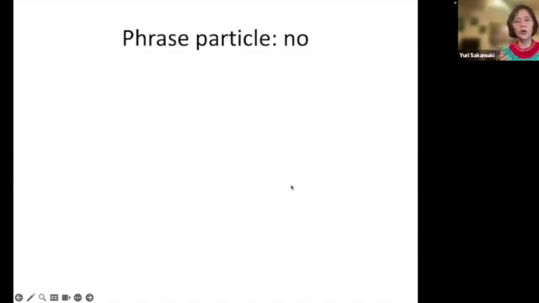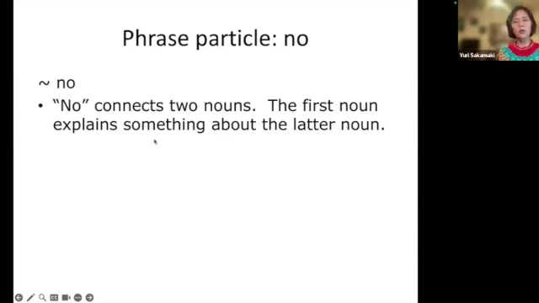So particle no, as we just saw, 英語の先生です. If you see this word and then no after that, then no, first of all, connects two nouns, not an adjective, not actions. It's just two nouns, like 英語, English language, 先生, teacher, right? And the first noun, before no, explains something about the latter noun, which in that case is sensei.